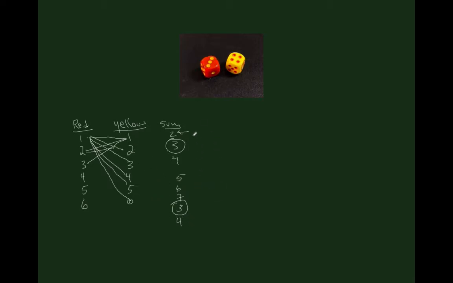So when we're thinking about the sample space with the pair of dice, it's more complex because we have to look at all these combinations. Now, one way to view all these combinations is by using something we call a matrix.